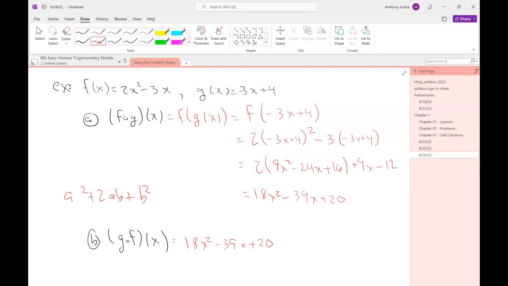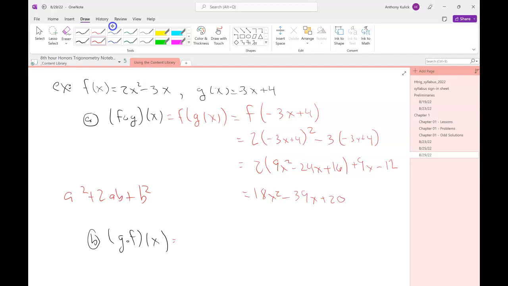G compose f must be the same thing. Everybody agree with that? No! Composition is not commutative. What does that mean? That f compose g is not necessarily going to be g compose f.